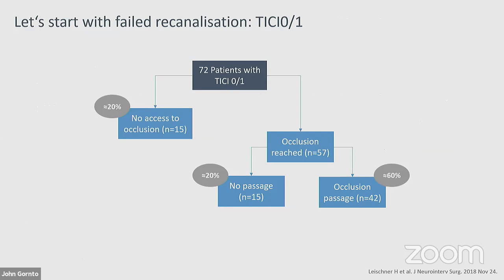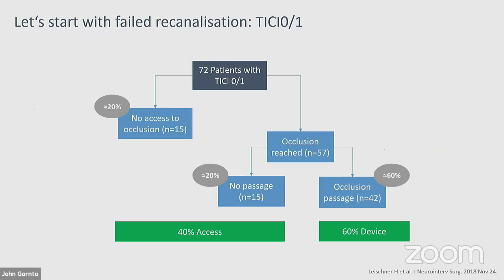In the remaining ones, 60%, we were able to pass but not to get the thrombus out, and 20% we were not able to pass the occlusion. This is important if we are discussing the techniques and methodologies to achieve reperfusion. So in 40% of the cases we have an access problem, and in 60% we have a device problem.